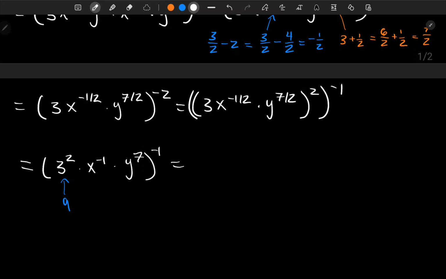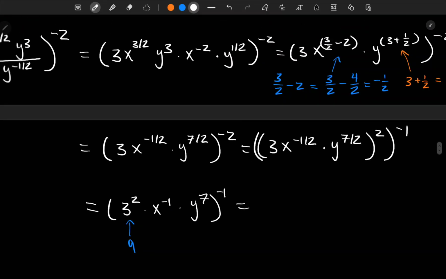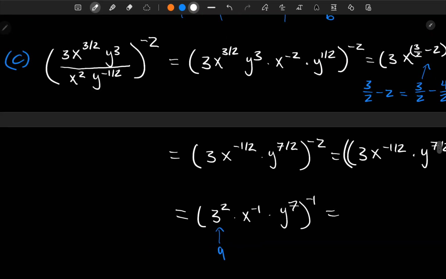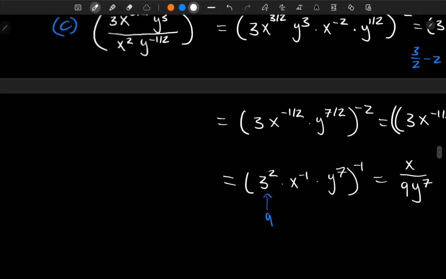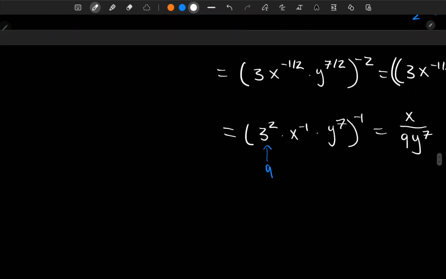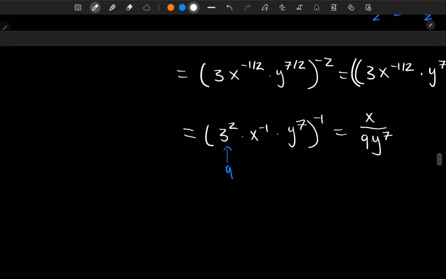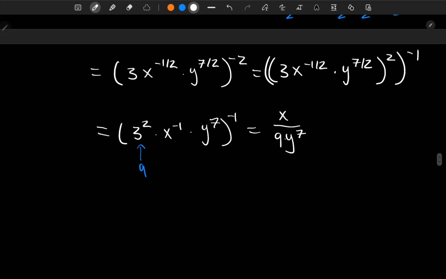Y to the 7 becomes y to the negative 7. And 9 becomes 1 over 9. So at the end of the day, this complicated mess here becomes simply x over 9 times y to the 7th power. And that's 9 times y to the 7th power.